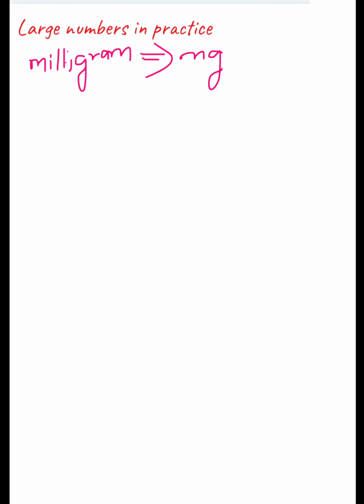So this is the smallest one. After milligram you have gram, which is represented as g. When you want to measure a small quantity of sugar, sometimes you will be buying 500 grams of sugar, so in that case we will be using gram.